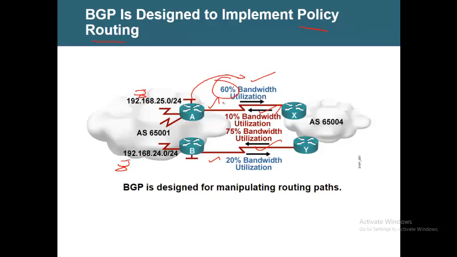You need to know which traffic is consuming 60%. That you go and tune with some attribute. The 60, 10, 75 and all, BGP cannot calculate for you. That is why I say don't have too big expectation.